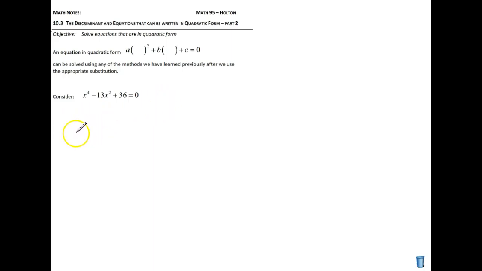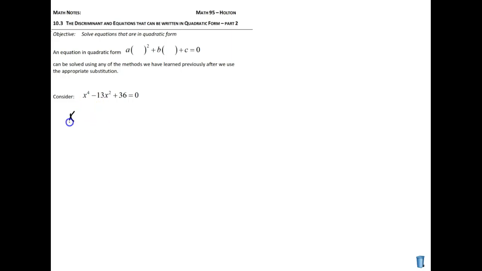So for example, consider this equation: x to the fourth minus 13x squared plus 36. If I think it's an equation that can be written in quadratic form, I first look at this piece here and say, okay, if this is my new piece, then is this equal to that same thing squared? In this case it is, because this is x squared.